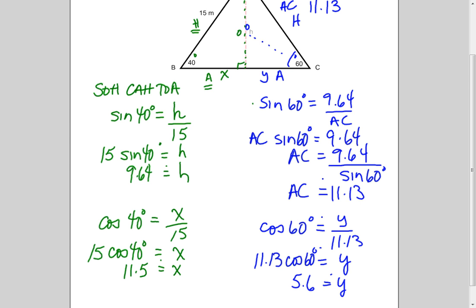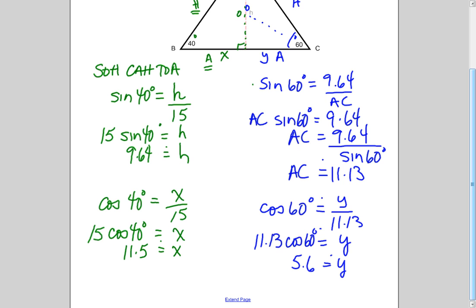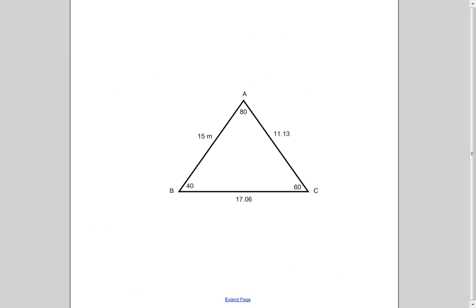So the length of my side BC is the two together, 11.5 and the 5.6, which is about 17.1. So we found all the missing pieces. Little less rounding, I suppose.